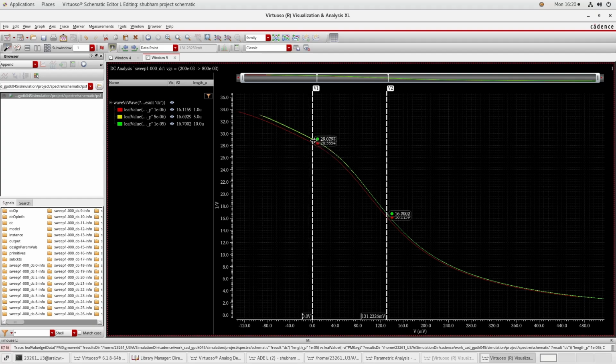In this region we are in moderate inversion, V overdrive is 0 to 130 millivolt, and gm/ID is between 16 and 30. After this, V overdrive is greater than 130 millivolt, and our gm over ID is decreasing below 16. So below 16, we are in strong inversion region.